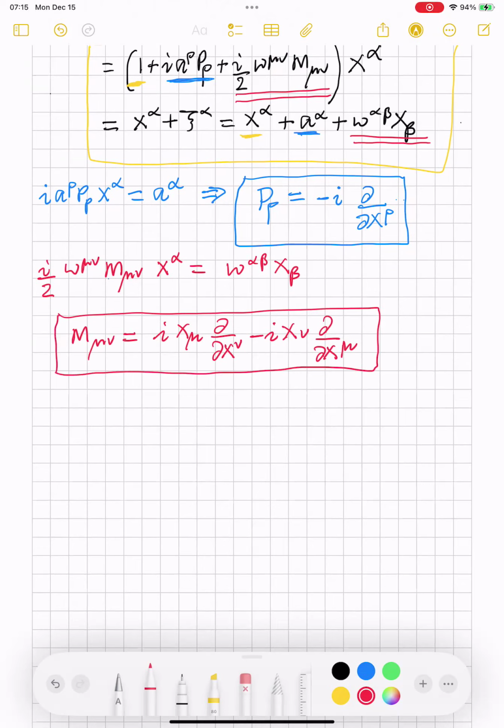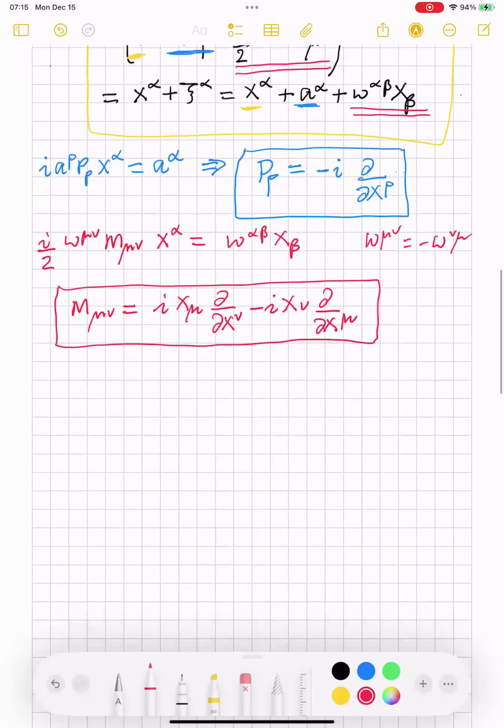And now let's check it together. First of all, you can see that M mu nu is contracted into omega mu nu. I know omega mu nu is antisymmetric. Remember, this was what we got by solving the Killing vector equation. So it makes sense to look for an M mu nu that's antisymmetric. So that's what I've done.